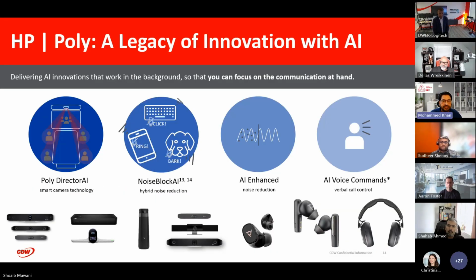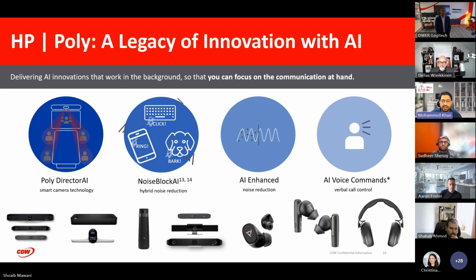Now, let's take a look at some of the features our market leaders in the space have developed to make this experience superior. Poly, for example, has Poly Director AI, which keeps the camera focused on the right people.